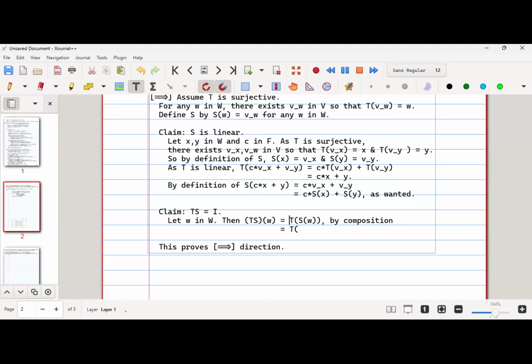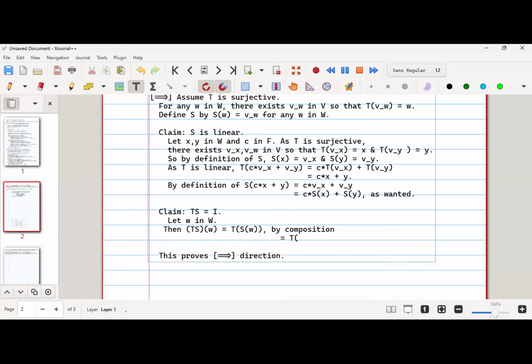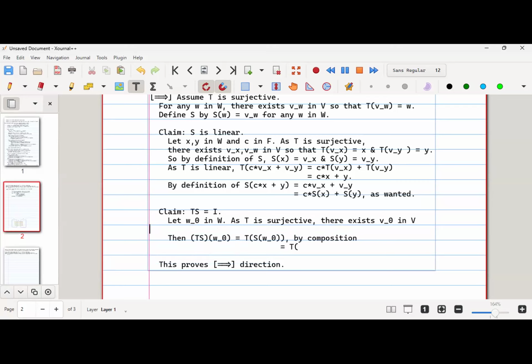Actually, there is a step we've kind of skipped. Again, because W is in W, as T is surjective, there exists, actually we'll just call these V naught, differentiated things a bit, V naught so that T V naught is equal to W naught.